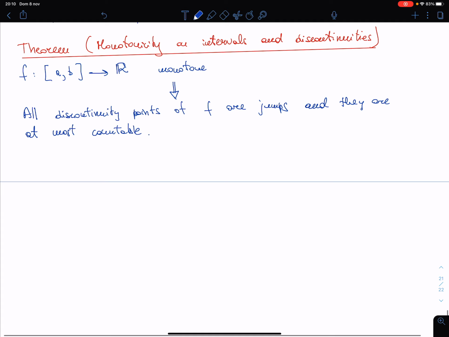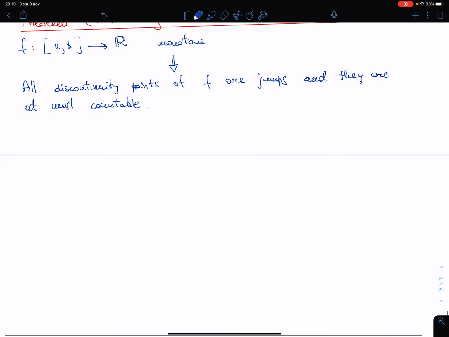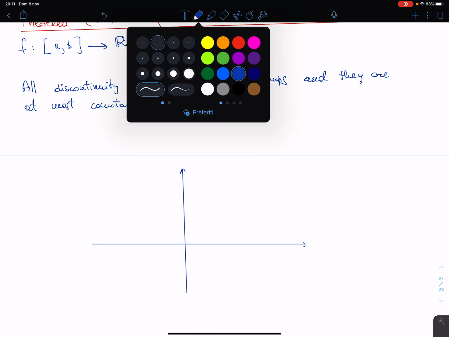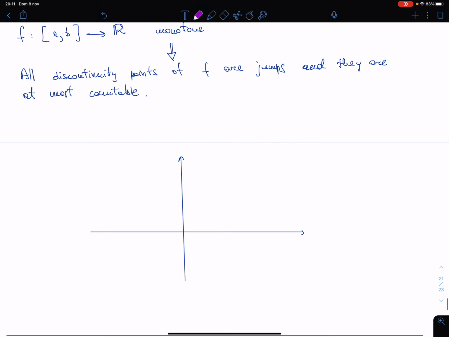Okay? And I don't give you the proof. And without the proof, it is quite difficult to understand what this theorem says. The idea is that you try to introduce discontinuities, and these discontinuities are always of jump type. Why jump?